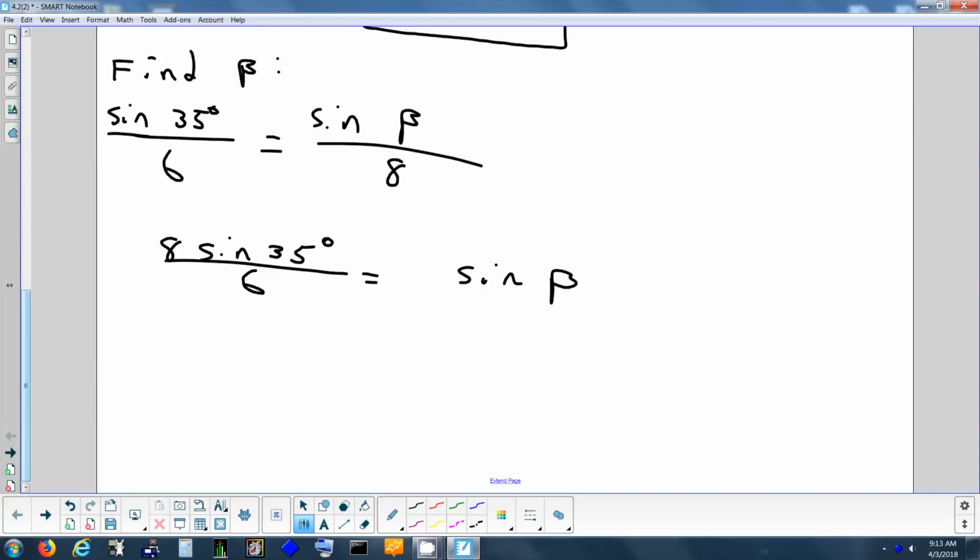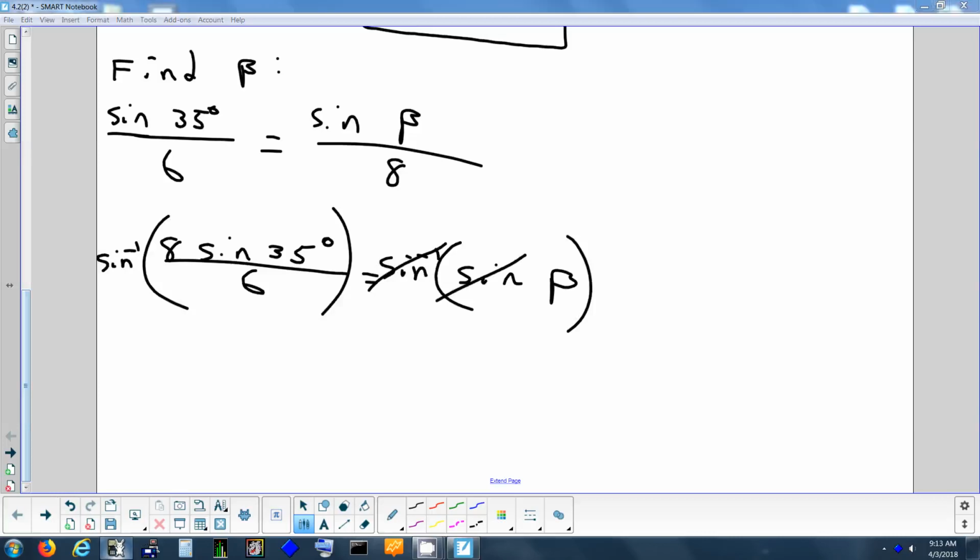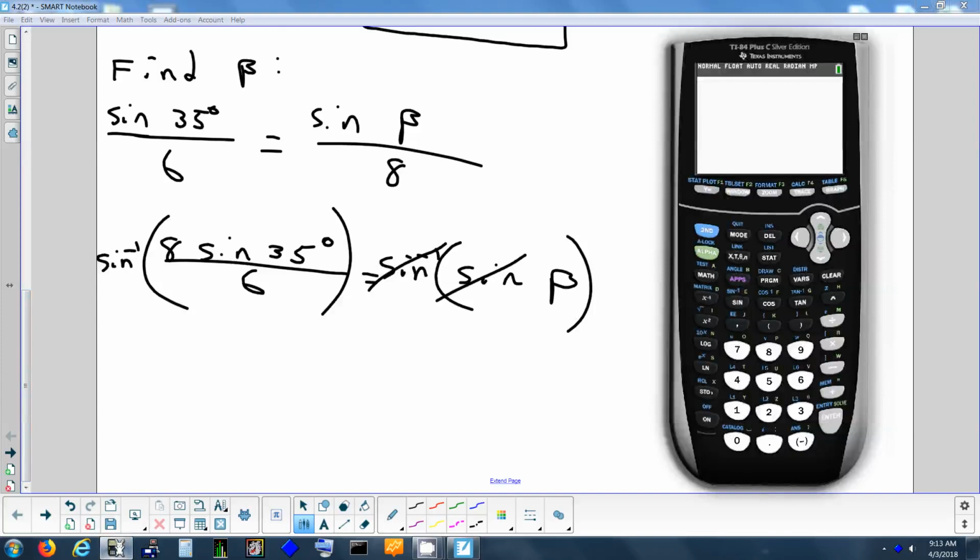So how do I get rid of sine? Inverse sine. So we're going to take the inverse sine of what's on the right, take the inverse sine of what's on the left, and now we're going to type it in and see what we get.